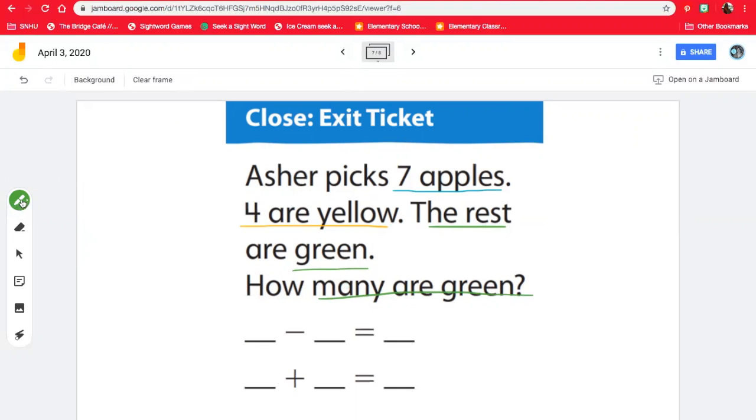All right, so we want to start by making our equation. Our equation, we would start with 7. We want to know how many are green, so that number is going to go here. So we need to take away the 4 yellow apples in order to figure out how many green ones there are. So we know 4 are yellow.